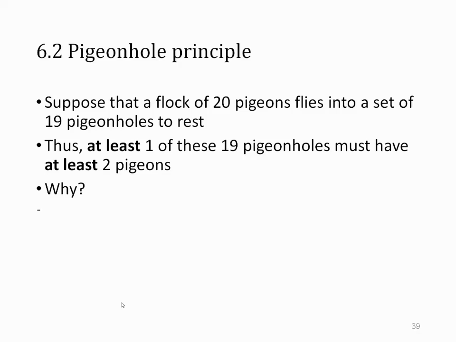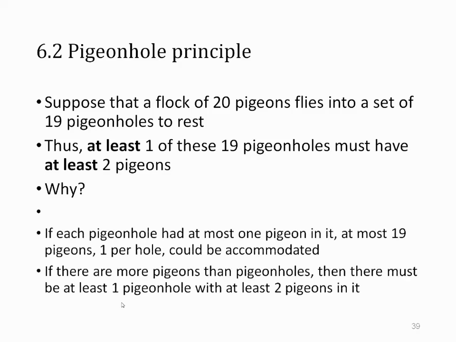Why? If each pigeonhole had at most 1 pigeon, then at most 19 pigeons could be accommodated, one per hole. Obviously the 20th one has to be accommodated in some hole, so at least one hole will have 2 pigeons.